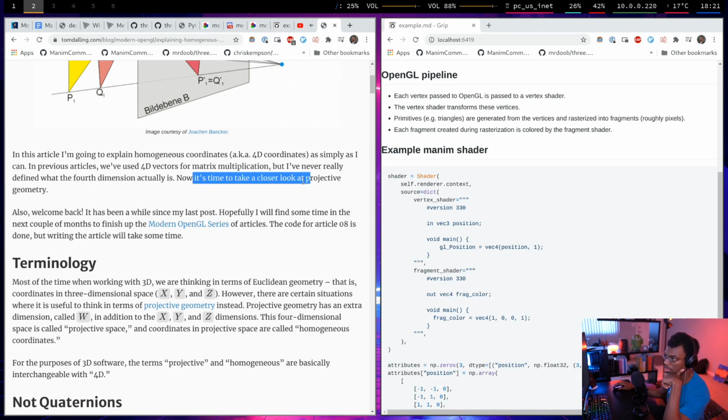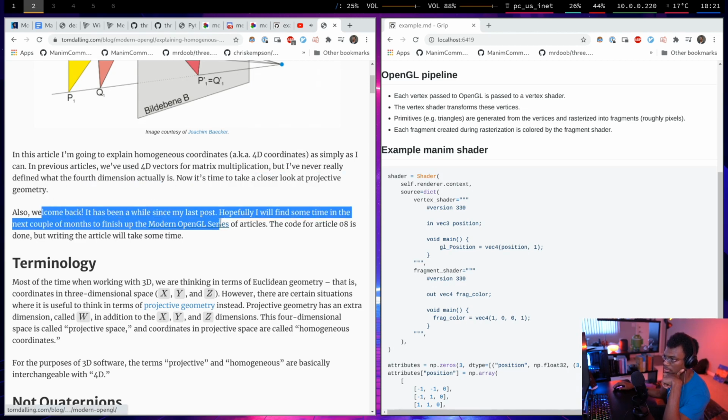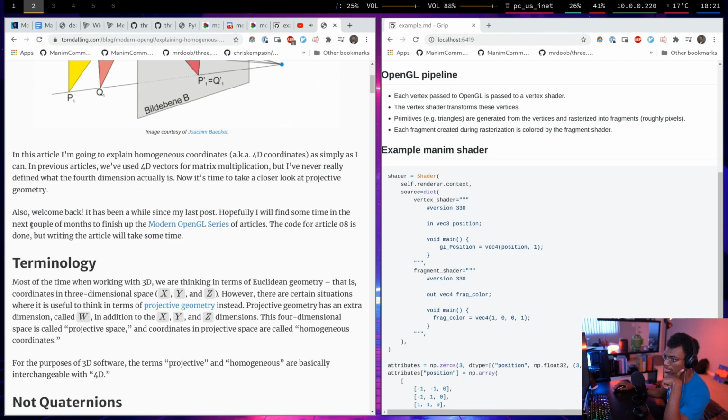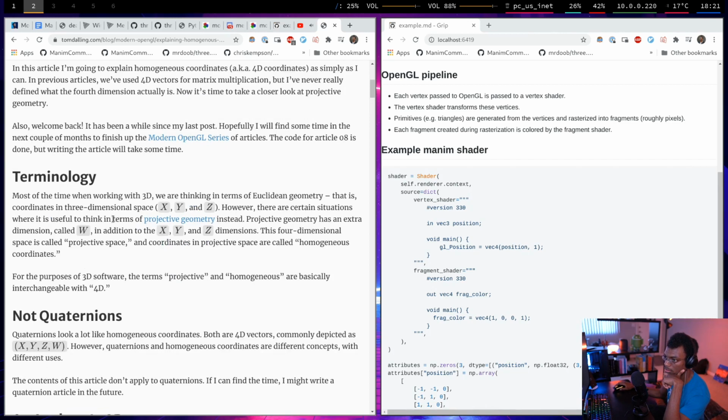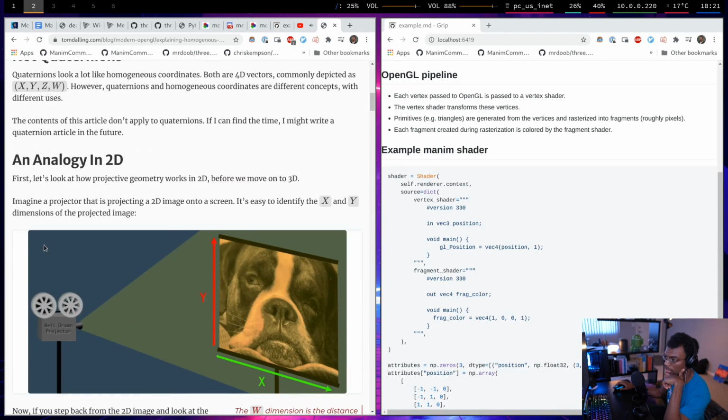Time to look at it's used for projective geometry. Find some time in the next couple of months to finish up the modern GL series. Projective geometry has an extra dimension called W in addition to X, Y, and Z dimensions. This brings things into projective space. And the coordinates are called homogeneous. They're not quaternions, thanks.